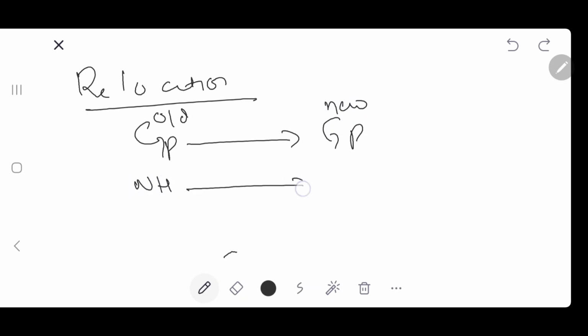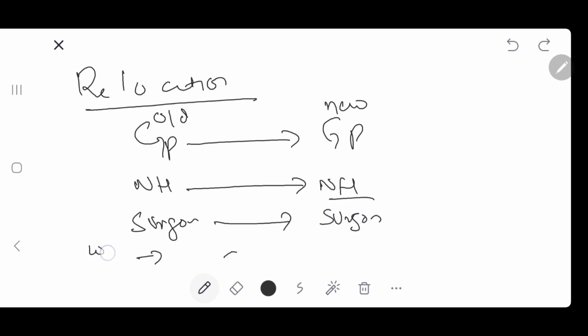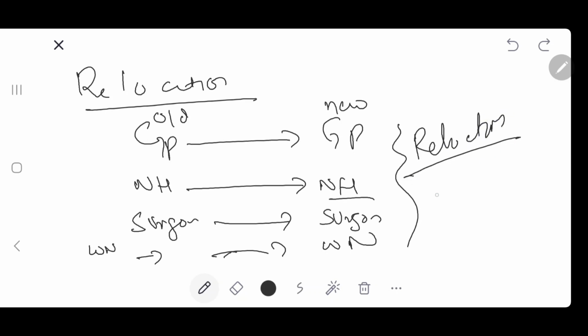Nursing home to nursing home relocation, maybe surgeon to surgeon, maybe ward nurse to ward nurse. These are a few examples of relocation, willingly, or if the patient is insisting on the relocation.